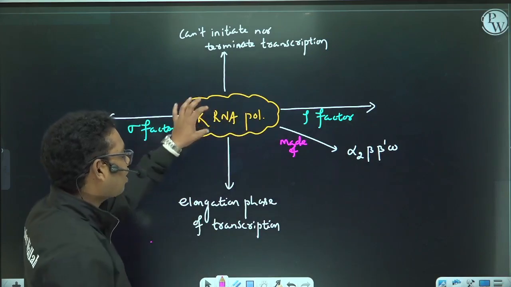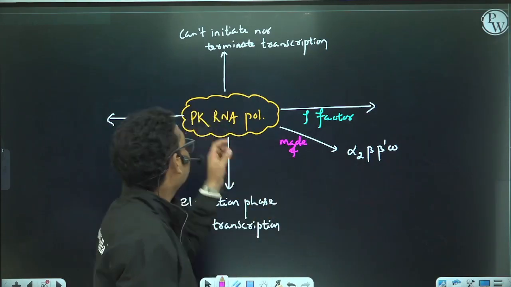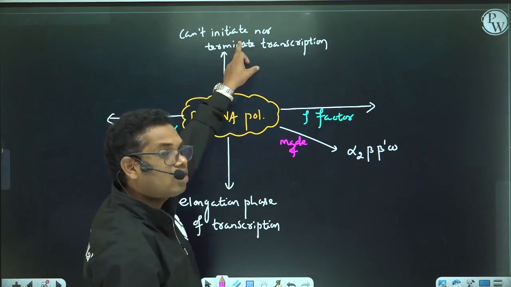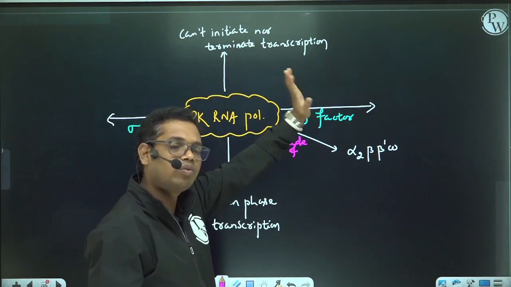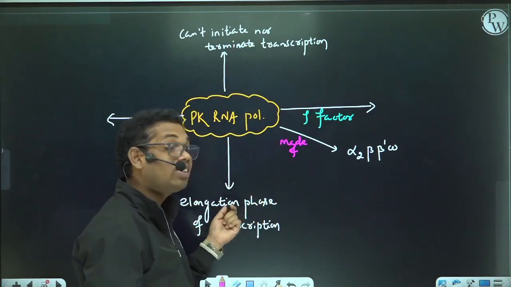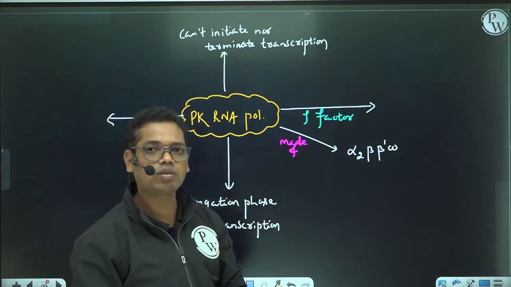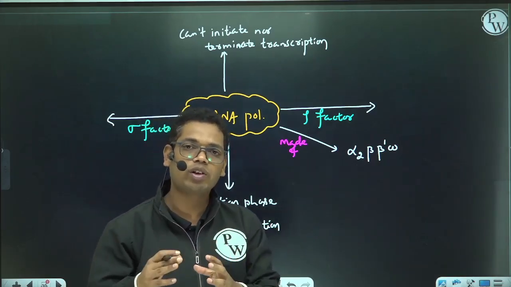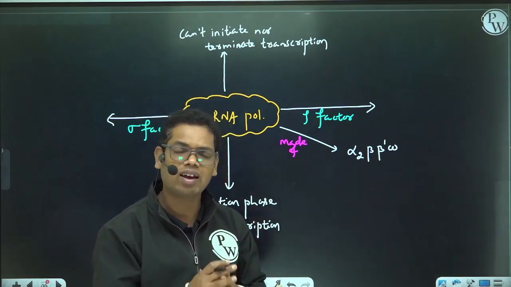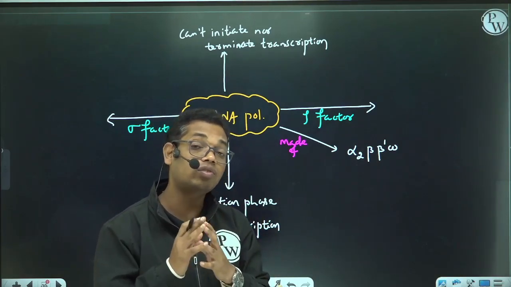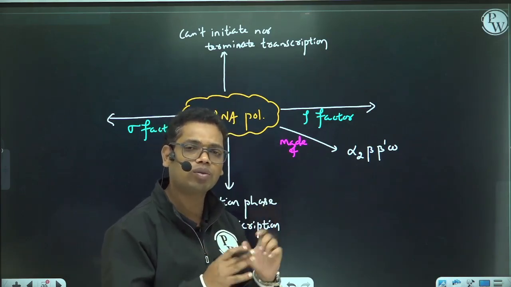This RNA polymerase is not capable of initiation or termination of transcription, but it causes only the elongation of transcription. The entire process of transcription can be categorized into 3 groups: initiation, elongation and termination. Initiation and termination cannot be performed by RNA polymerase alone.